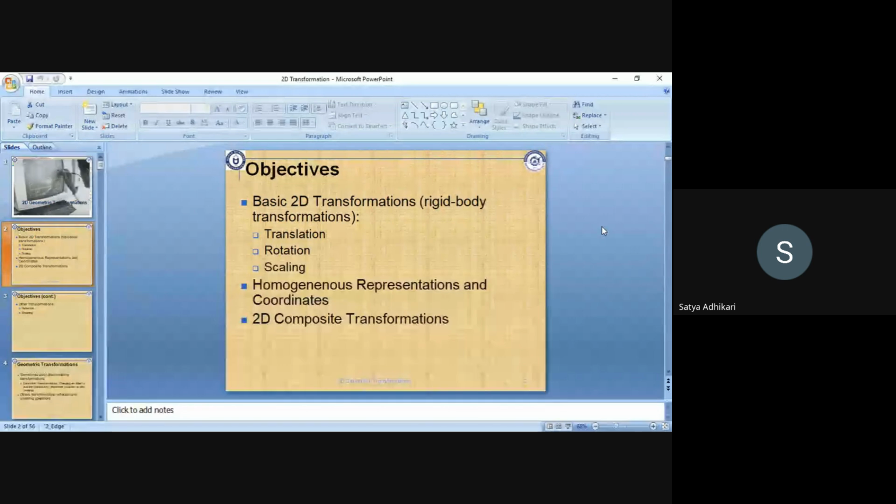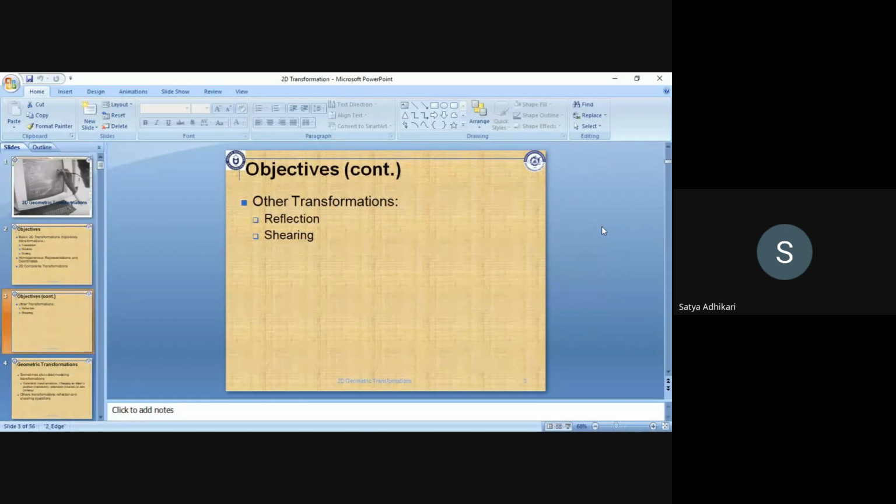Besides that, there are two other transformations: reflection, which is to get a mirror image with respect to any line, or with respect to the x-axis or y-axis.